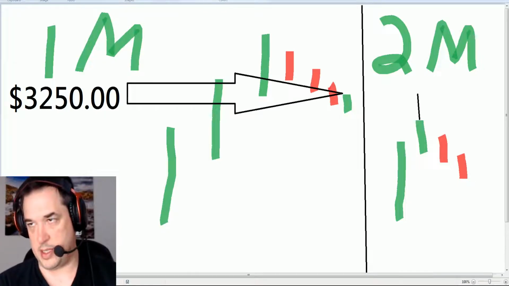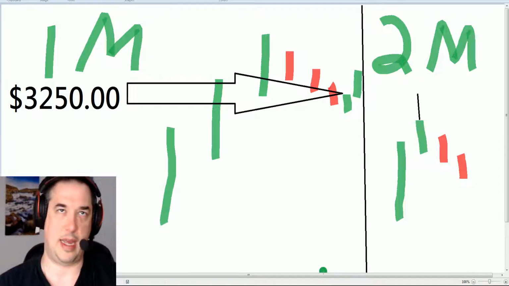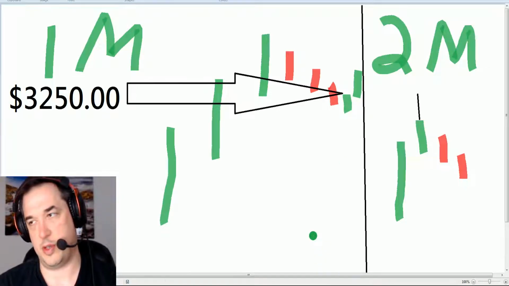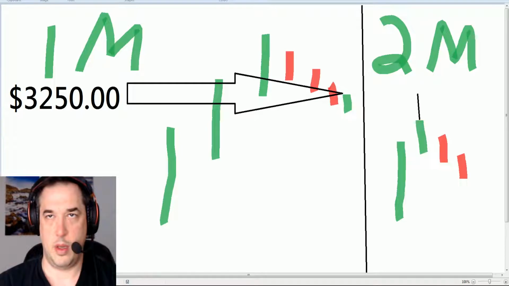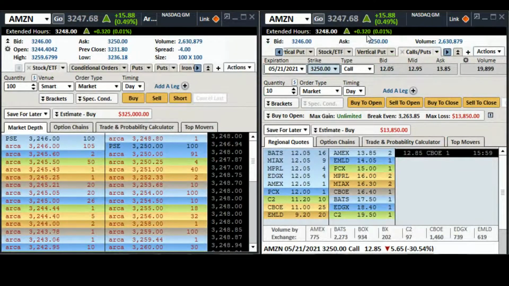You're looking basically for when this bar closes for the next bar to go like that. That's what you're looking for. Now what I do here is I already see that 3250 is my trigger in Amazon.